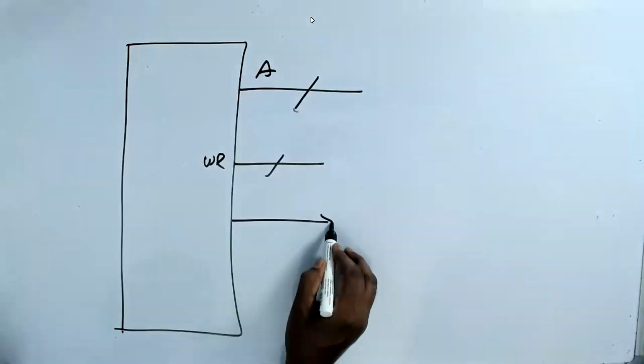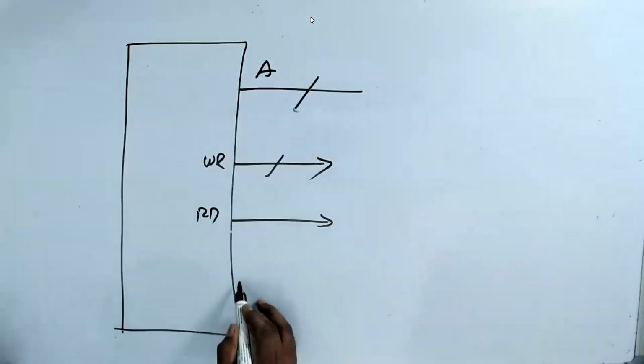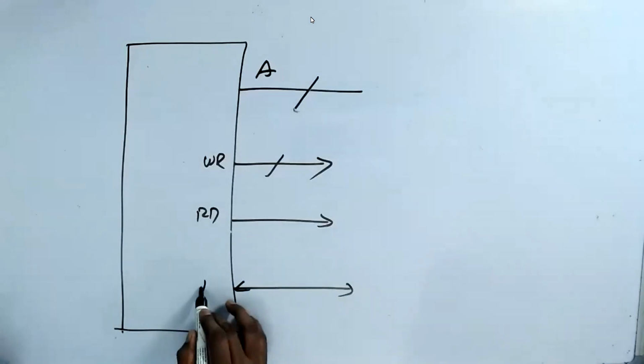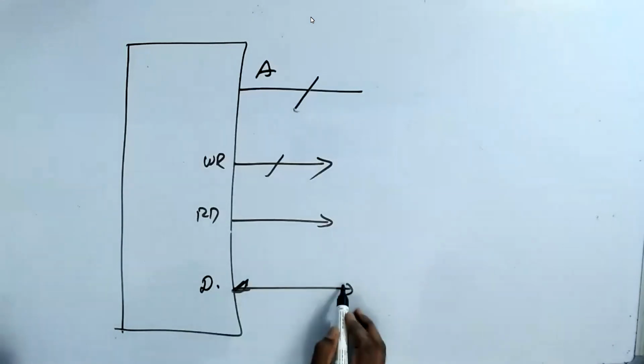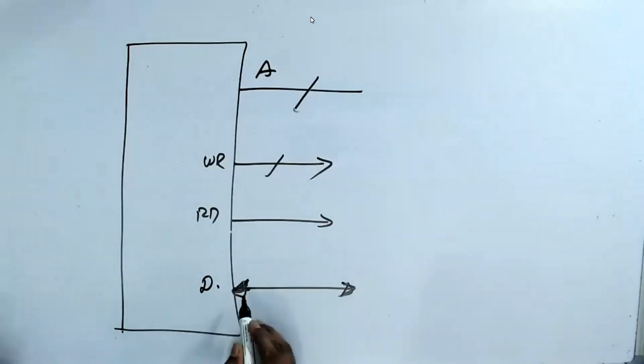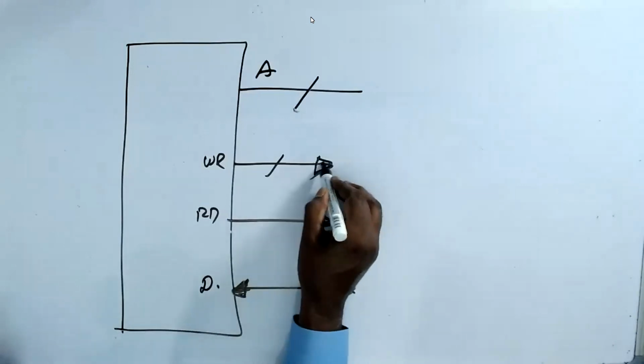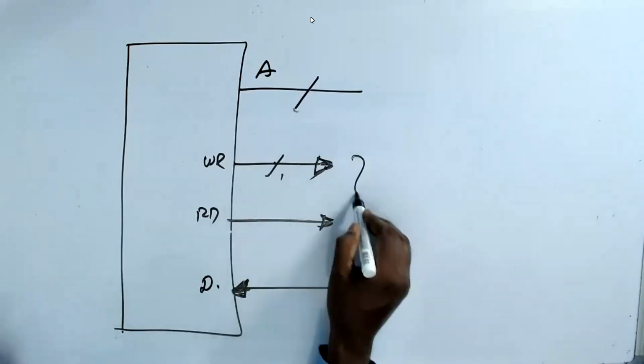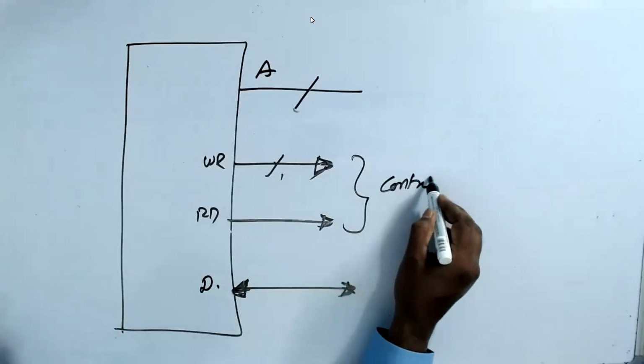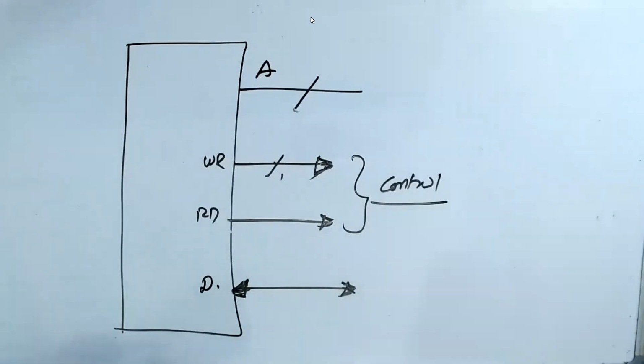They have a read wire. And they have a data wire. Data can be used for writing and reading, both out as well as in. That's why it is bidirectional, whereas read is only output. Write and read are all commands, controls. These are called control, telling the memory what I'm going to do.